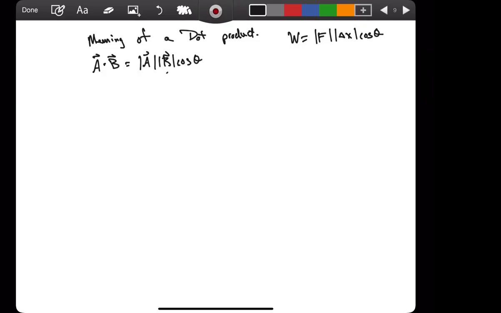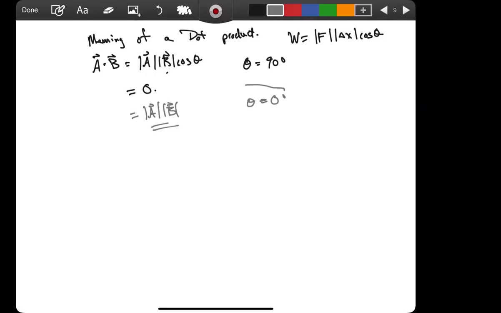What this says is, if my angle is equal to 90 degrees, then my dot product is simply equal to 0. When my angle is equal to 0 degrees, this is simply equal to the magnitude of A times the magnitude of B. So the dot product is maximum, because this is the biggest value I'm going to get; when I multiply by cosine of any other angle, it's going to be less than 1.